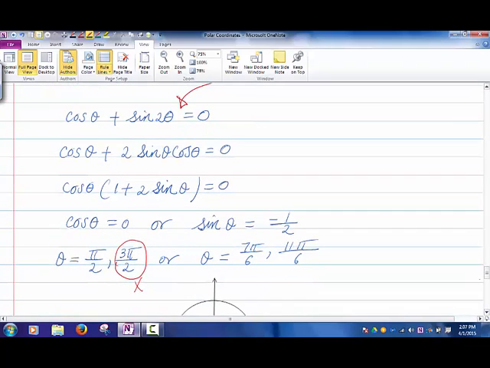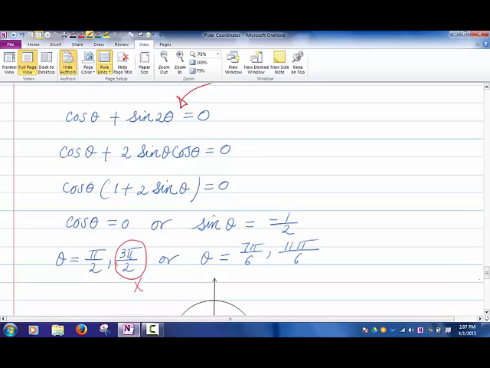Now sine θ is negative half for what θ? Well, that means θ has to be in the third or the fourth quadrant, and it will be a multiple of π/6. It will be either 7π/6 or 11π/6; 5π/6 would be in the second quadrant, so its sine is still positive.